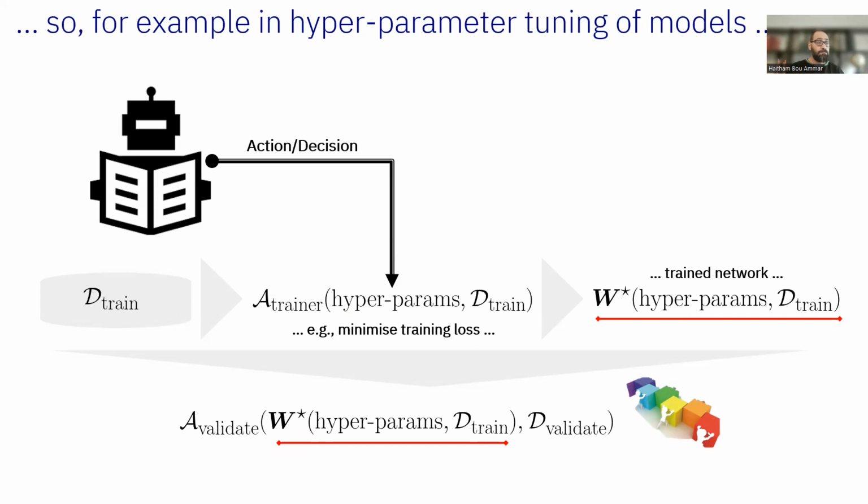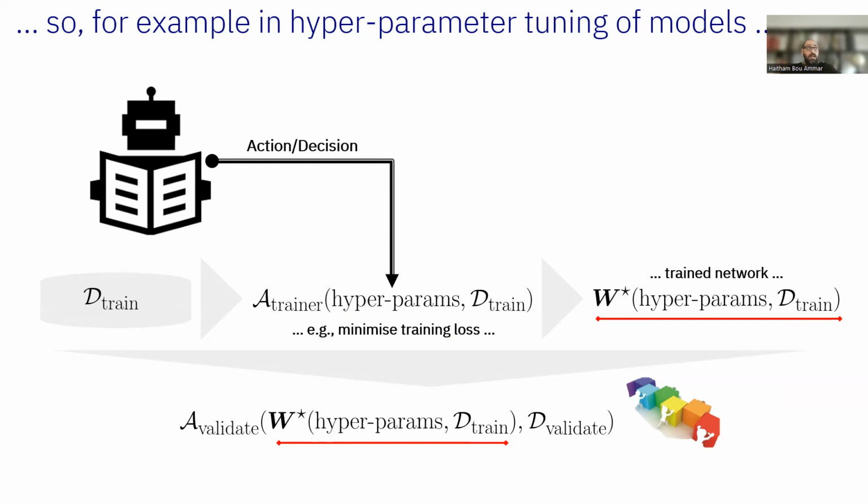Typically, if you are doing it manually, you would look at this validation loss and say, okay, I'm overfitting, maybe I should increase the parameter of my regularizer, and so on.